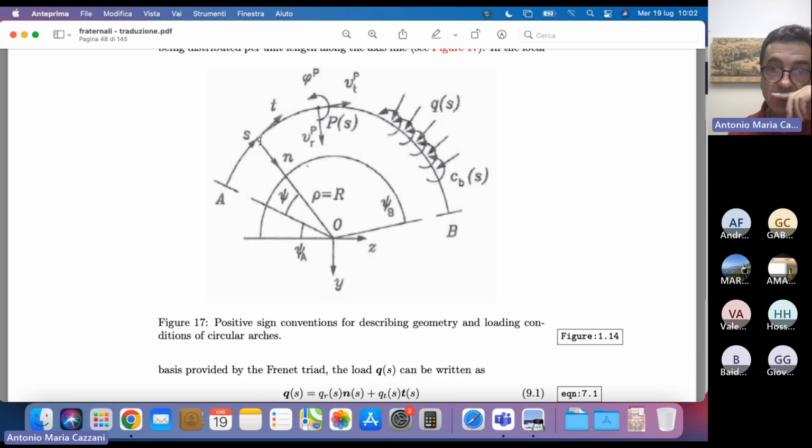We have the tangential and the normal direction T and N. B is of course the binormal direction, getting out of this plane. And so we can see here the positive direction of the tangential and the radial displacement and of the cross-section rotation phi. And here we have signed the positive direction of the distributed load Q and the distributed couple C.